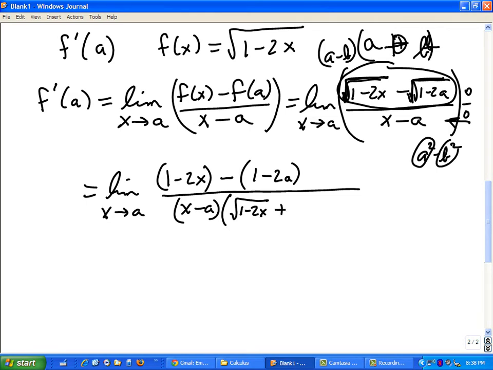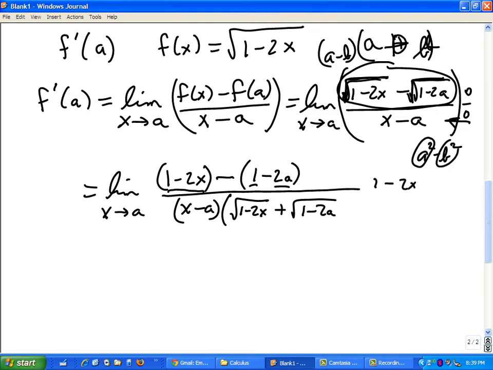But if you look carefully on the top here, this 1 minus 2x minus all this minus has to distribute across the 1 and the minus 2a. So you're going to be left with 1 minus 2x, I'll do it on scratch paper here, 1 minus 2x minus 1 minus minus 2a.